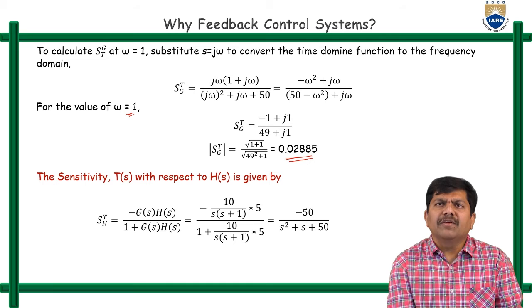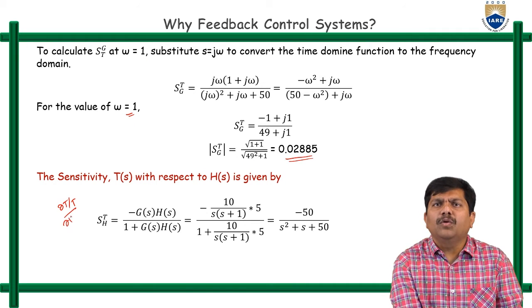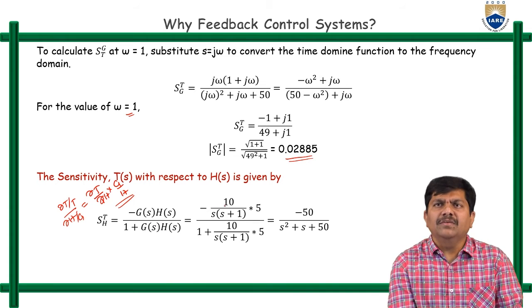So the sensitivity of T(s) with respect to H(s) is given by, so you can also calculate this. S^T_H is nothing but the dou T by T by dou H by H. So this is nothing but dou T by dou H into H by T. So this is the way of deriving the expression for S^T_H is equal to minus G(s) into H(s) divided by 1 plus G(s) into H(s).